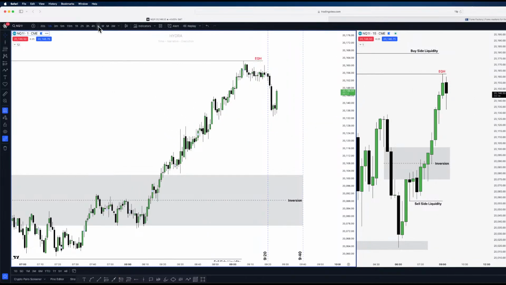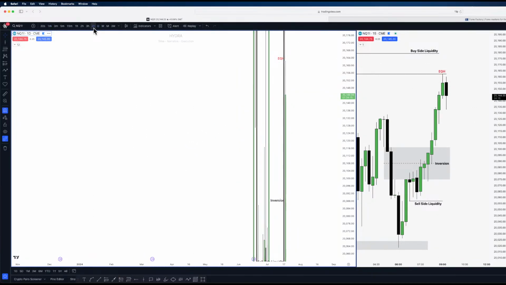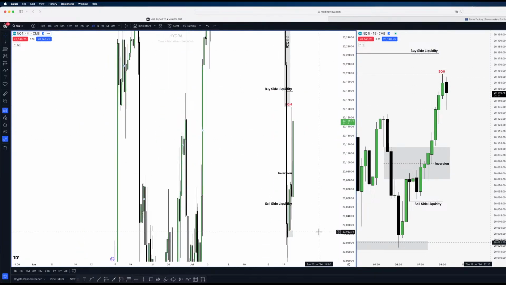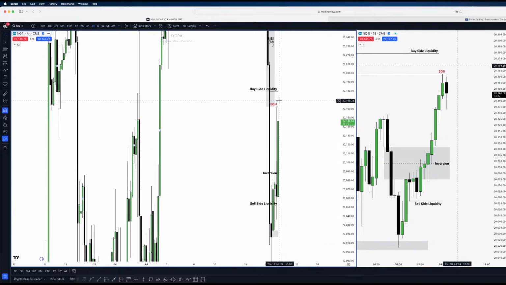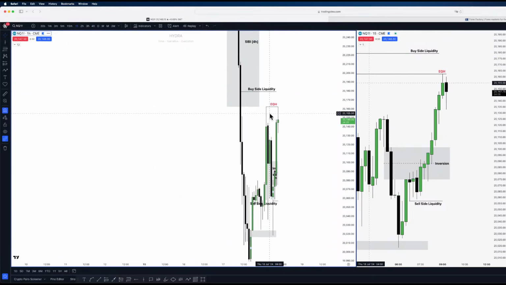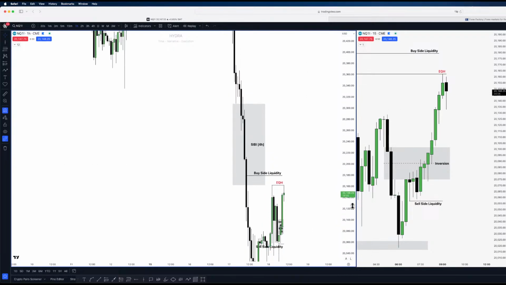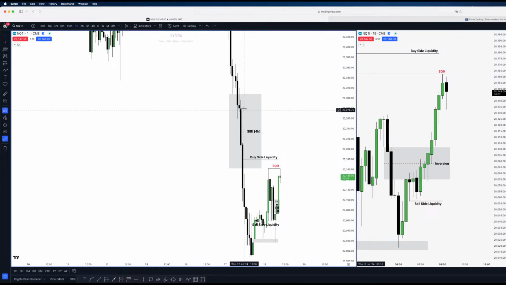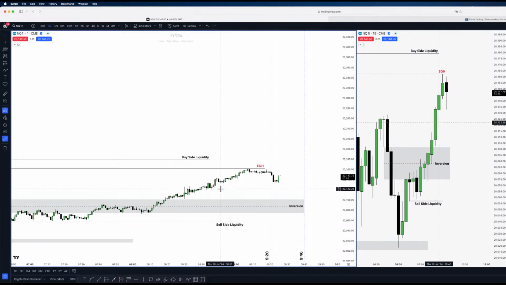From what I've seen, when price is so close to delivering below a swing low, it usually comes back up to take orders from a liquidity level, and then it drops again. So I told you guys this morning, I'm not interested in any bullish move as long as this remains.